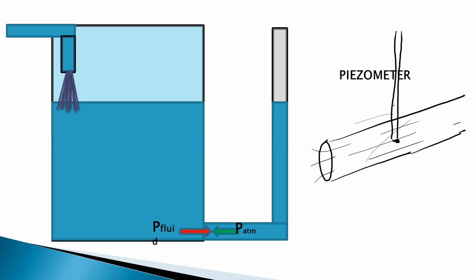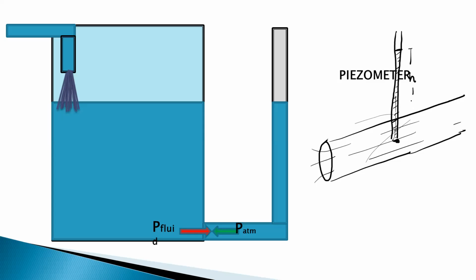So when the fluid is pressurized, up to a certain level the liquid will rise in this tube. It will rise up to this height.